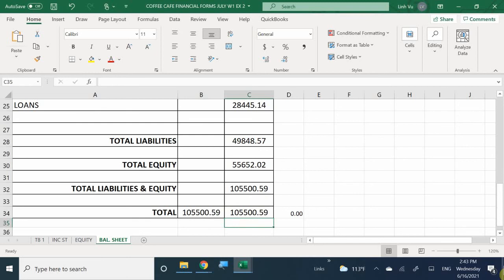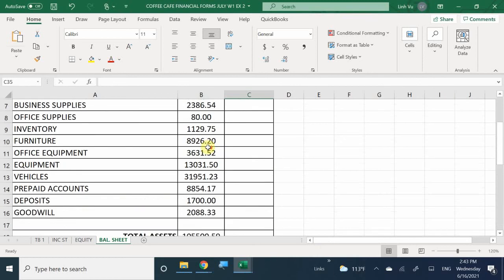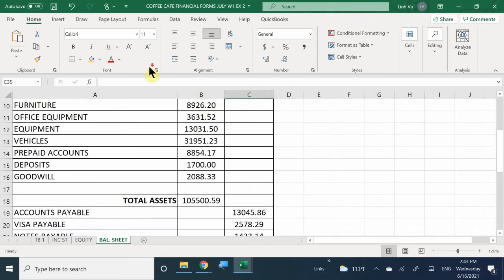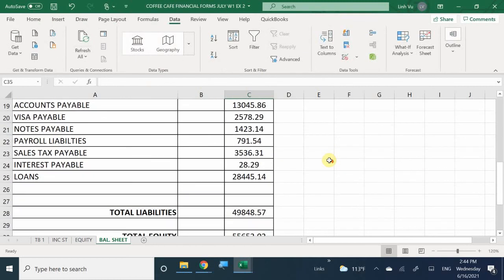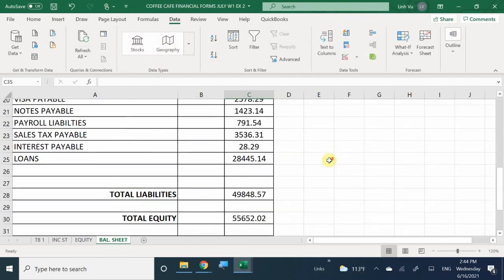Yes, they do, right? We balanced both sides evenly for $105,559 on both the assets and the liabilities plus the equity, okay? And that's how you do your financial statements, okay?